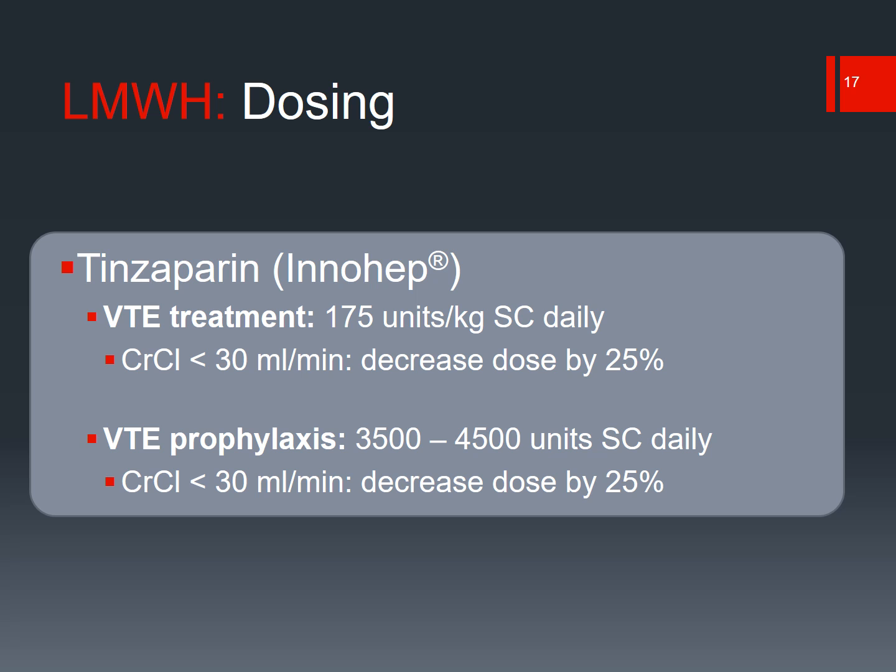And finally, we have tinzaparin, branded as Inohep, as our 3rd low molecular weight heparin. This is available for VTE treatment and prophylaxis. It is measured in units. We have weight-based dosing for treatment, fixed dosing for prophylaxis, and this also requires renal adjustment with reduced creatinine clearance.